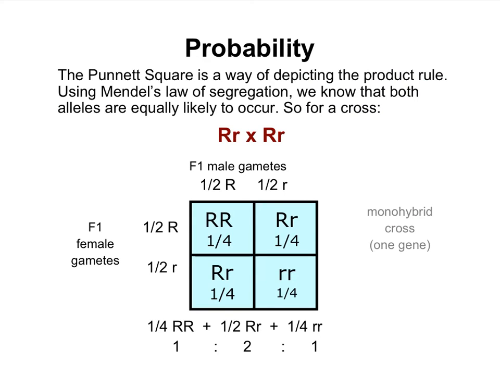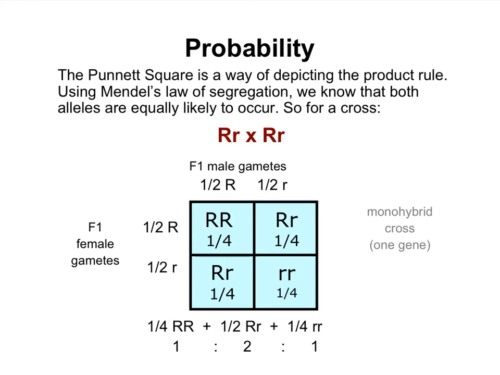So when we look at a Punnett square, in a way, it's a way of depicting the product rule. All right. So Mendel's rules are the rules of segregation, which means they're independent, right? And so they're equally likely to occur. There's no one allele that is linked with any other.